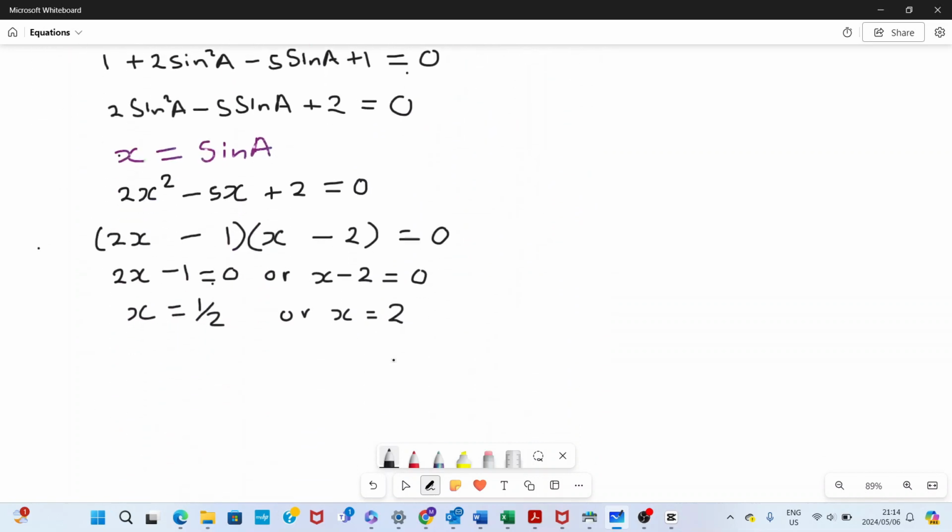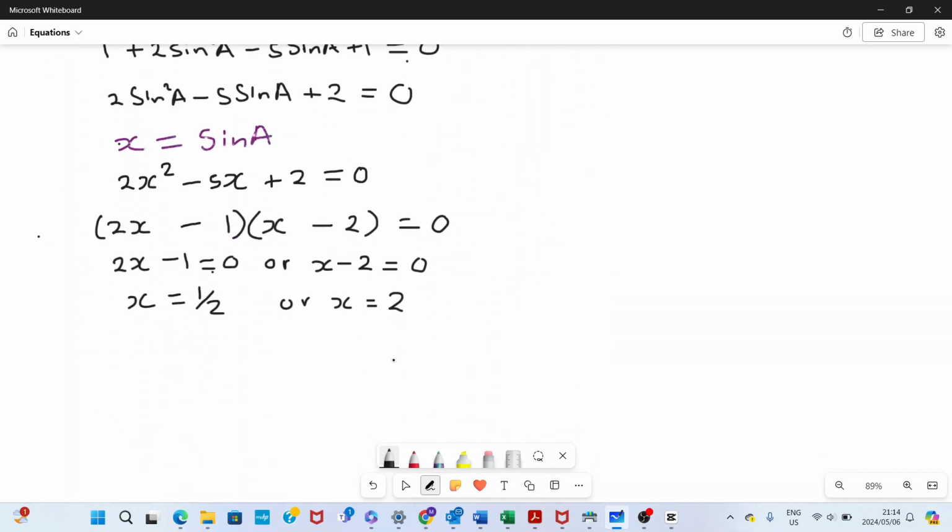So when you get here, it is important to realize that our x actually represents what? It represents the sine of A. So it means if we are saying x is equal to half, then it means that our sine of A is actually equal to half.